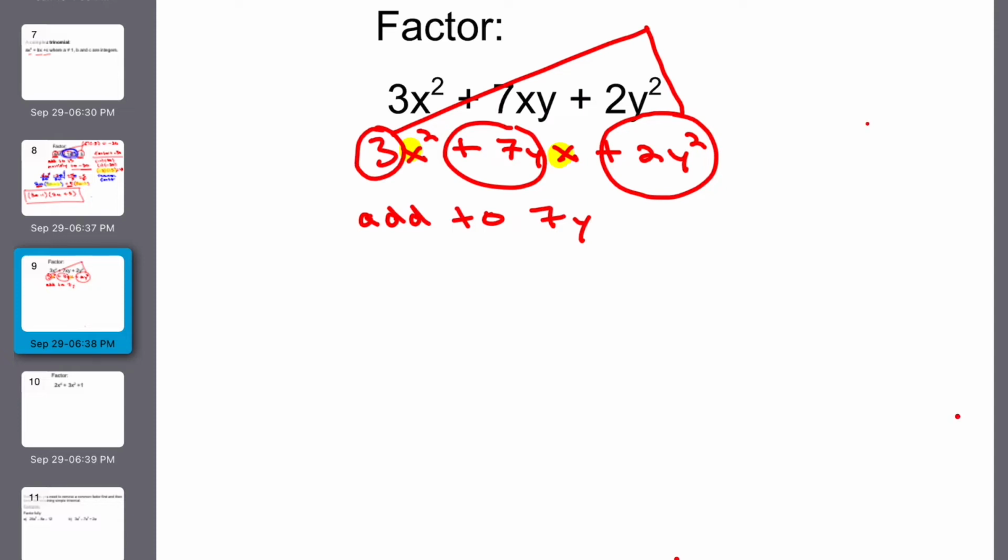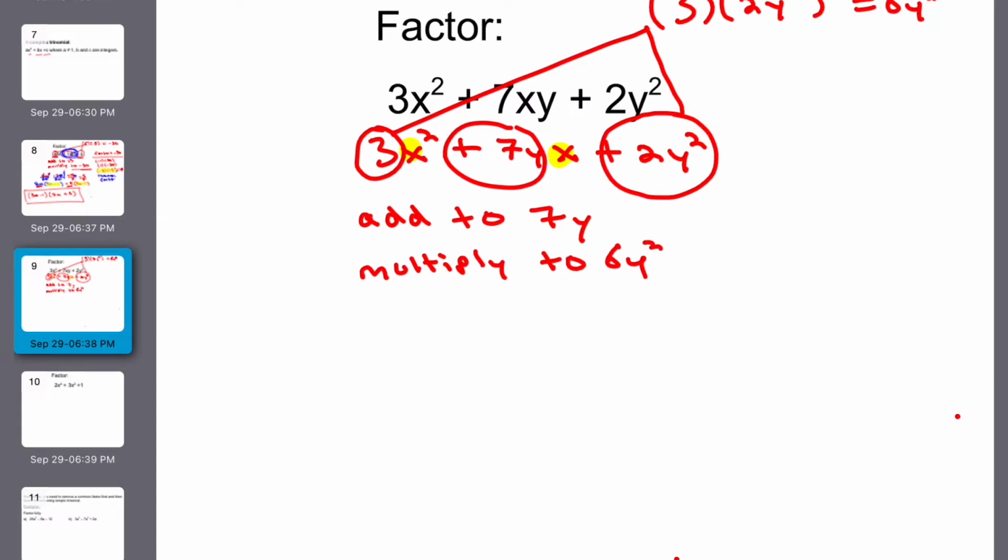So we're going to do 3 times 2y squared, and that's going to give us 6y squared. Okay, so now we need two numbers that add to 7y and multiply to 6y squared.